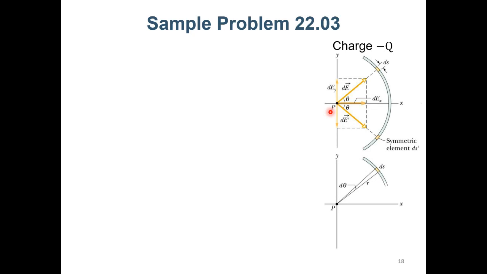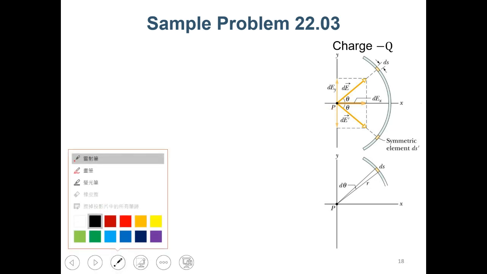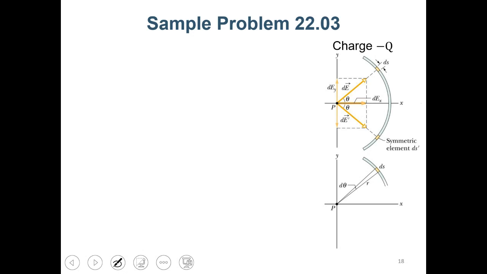So we also separate the rod into infinitely small elements, so that we have ds here. And actually, the charge is minus Q, so the E field generated by the small element is pointing toward the element.